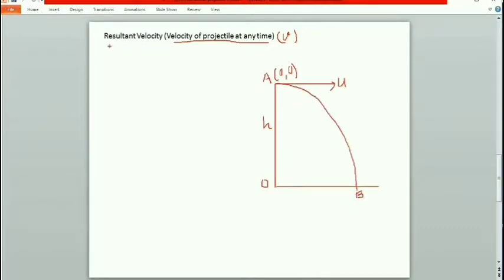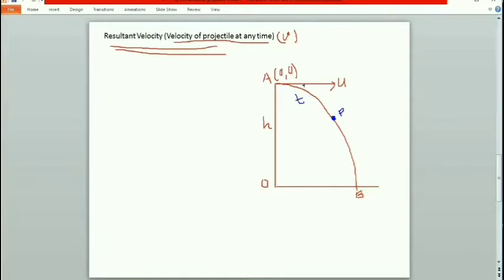In this derivation, we will find the velocity of the projectile at any time. Let us assume that after t time, the position of the projectile on this path is here. Suppose that this point is P.